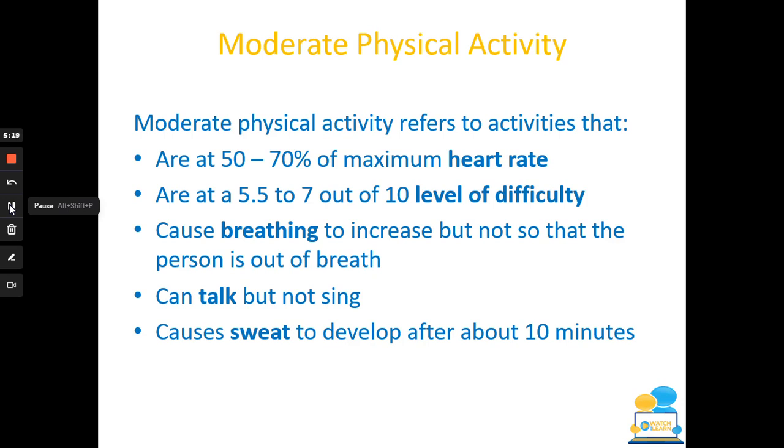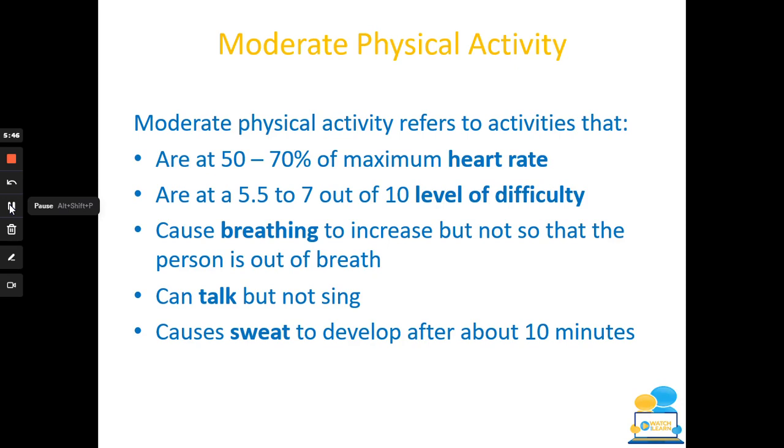Moderate physical activity causes breathing to increase, but not so that the person is out of breath. So breathing will increase slightly. If you are engaging in moderate physical activity, you'll be able to talk, but you wouldn't be able to sing. So your breathing rate would allow you to talk, but not sing. And moderate physical activity causes sweat to develop after about 10 minutes of engaging in it.